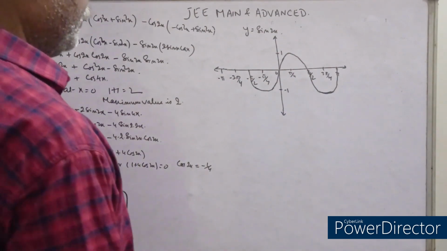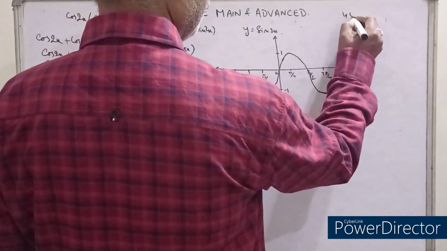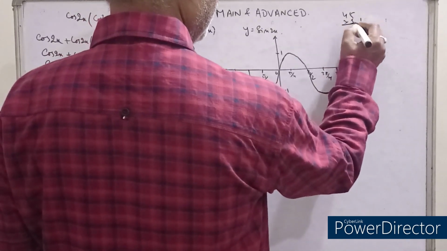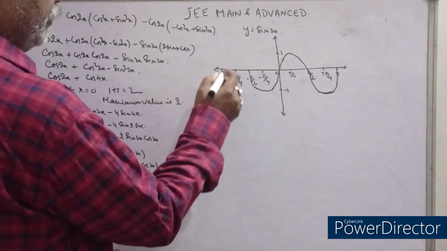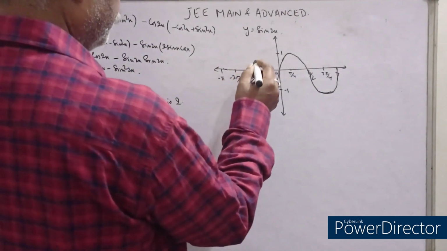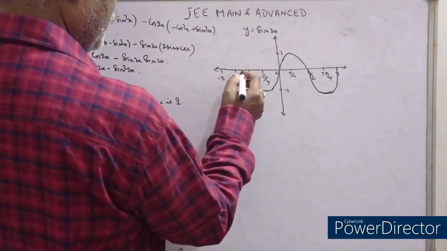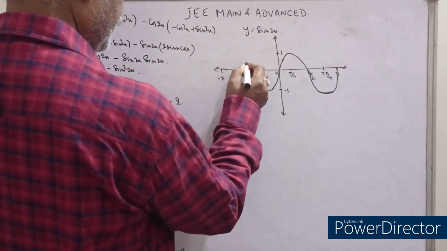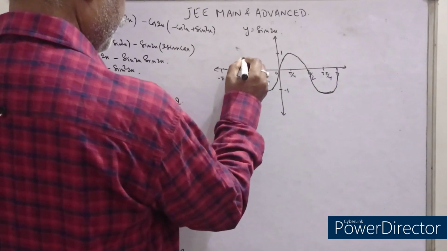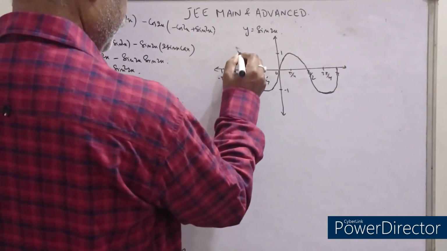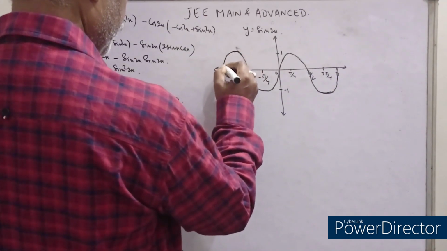And here at minus 3 pi by 4, that means 45 into 3, that is 135. So okay, this is between this. So here at minus 3 pi by 4, it is negative, minus 1 minus 1 plus 1. So this graph will be here 1, and then at minus pi, it will be 0.